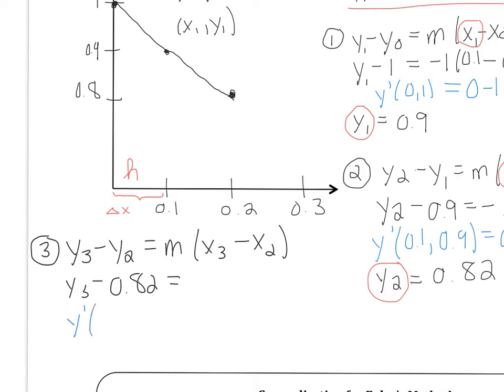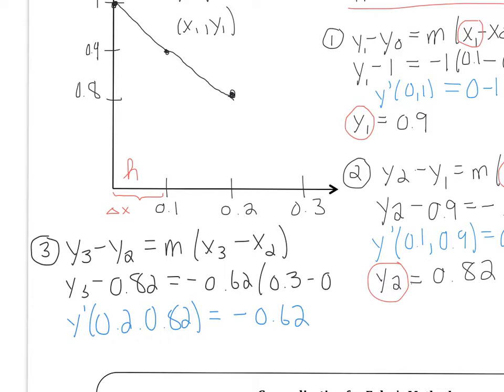So y prime at the point x equals 0.2 and y equals 0.82 will be x minus y, and that should give us negative 0.62. So we'll put that at negative 0.62. Then x3 will be 0.3, and x2 will be 0.2.